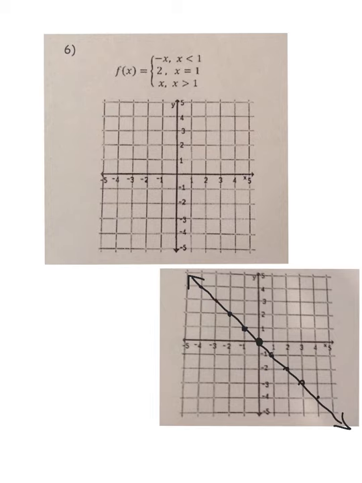So I'm going to start here. But look, this does not include 1, so I am not going to have a closed circle here at 1, -1. I'm going to have an open circle, and then I know that my slope is -1 over 1, and that's what that graph looks like.